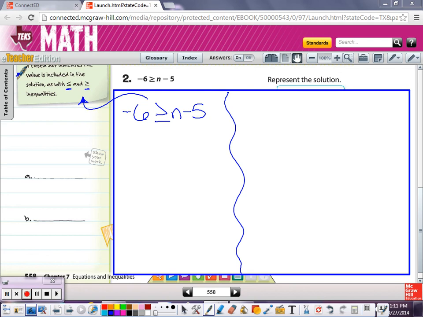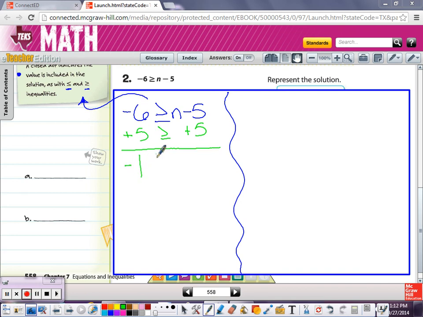What's my variable? My variable is n. What is happening to n? n is being subtracted by 5. So what's the opposite of subtracting 5? Adding 5. I'll add 5 here, and I'll add 5 here. Working from left to right, -6 plus 5 is -1.